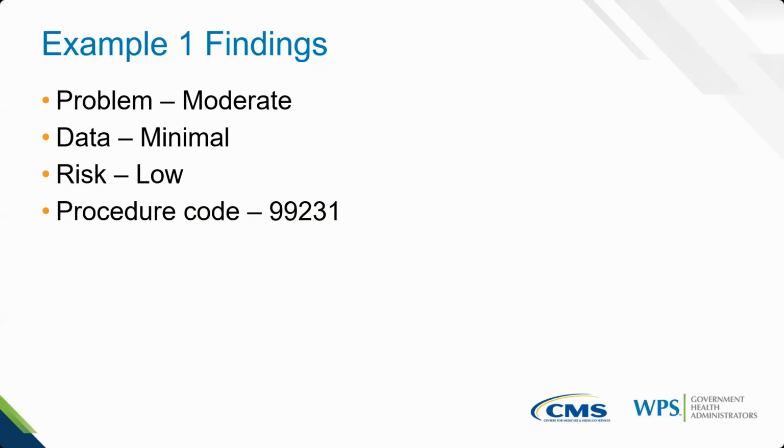But based on the fact that the doctor did not identify really risk at all, and with the language that that practitioner is using within their documentation, we would also consider this low. So again, we went with the procedure code, the 99231.